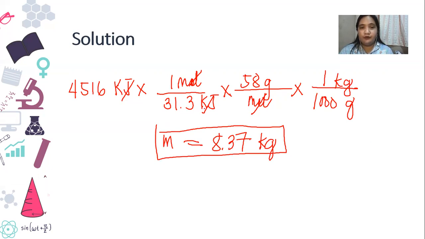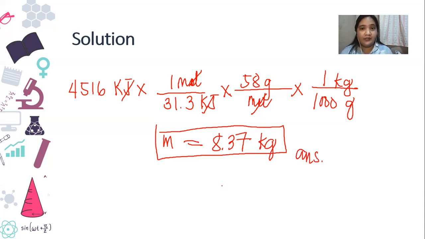So it's 31.3 kJ per mole. And then just to cancel the mole, we're using the molar mass. It's 58 grams per mole. And then of course, finally, since what's required in the problem is the mass in kilograms, there's 1,000 grams per 1 kilogram. And then computing it, we're getting 8.37 kilograms. So that's our final answer.